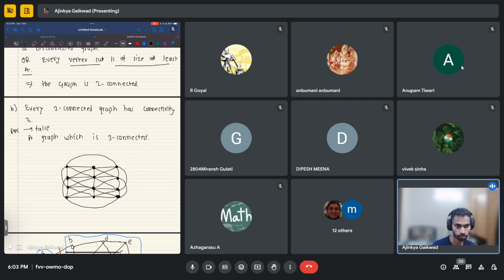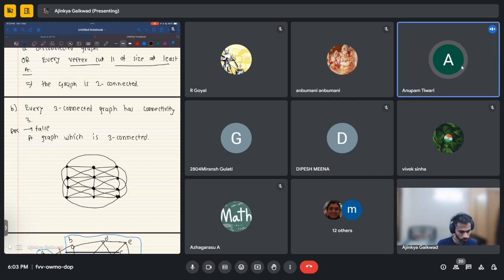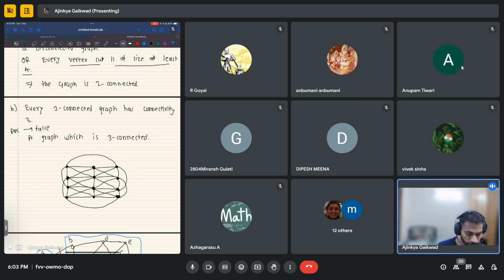Is it 3 or is it more? Clearly connectivity is more than 3 because no matter which three vertices you remove, I don't see anywhere the graph becomes disconnected. For example, if you remove these three vertices, the graph will remain connected, the left and right hand side through this part or directly through these edges.